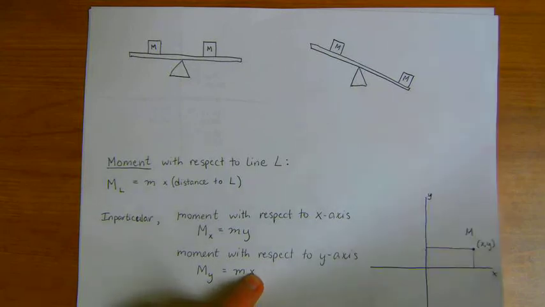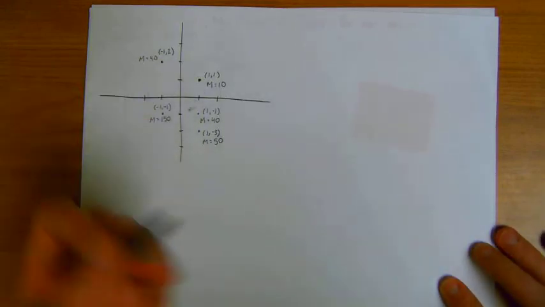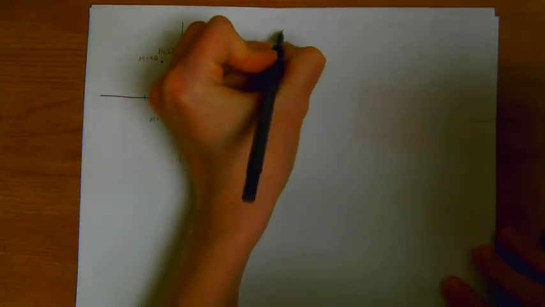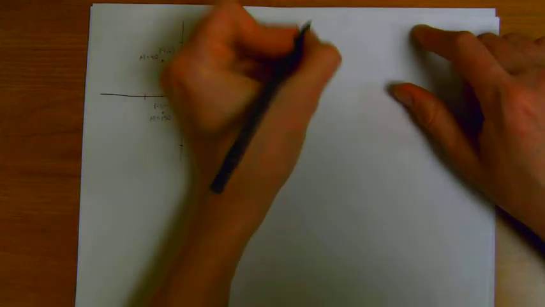So let's return to our boat example. We have a whole bunch of different masses, and so we're going to compute. Let's start off by doing m sub y for each of these objects.